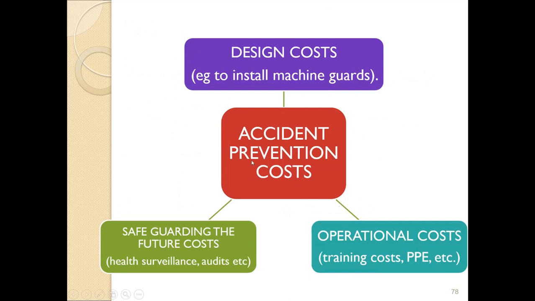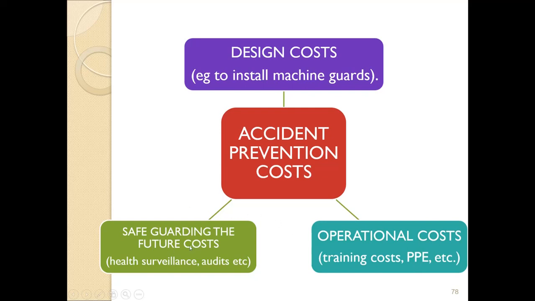Okay, accident prevention cost is referring to these 3 items. Number 1 is design cost, for example, to install machine guards. Number 2 is operational cost. It's referring to training cost and personal protective equipment.